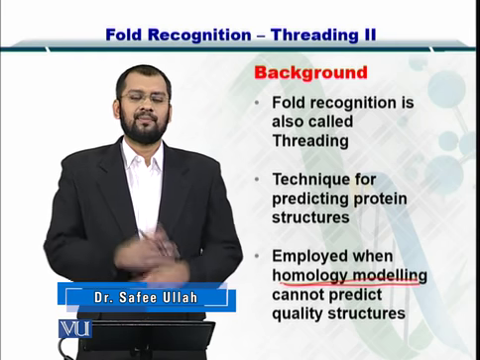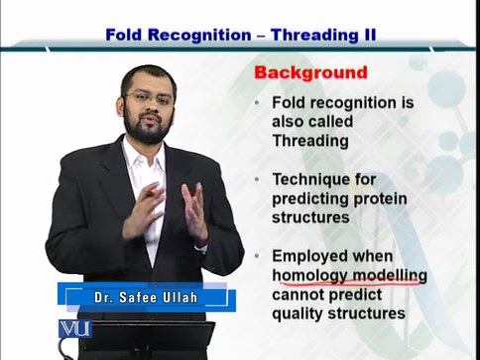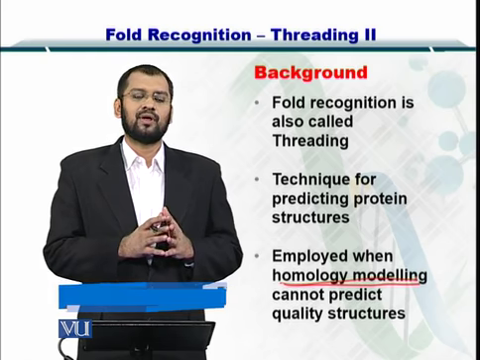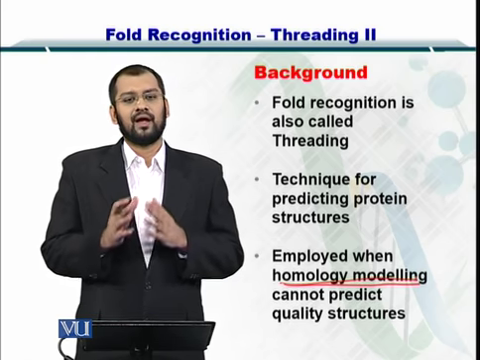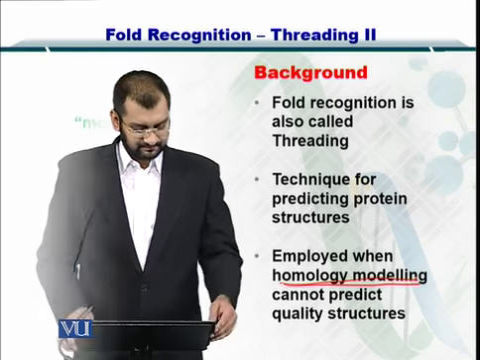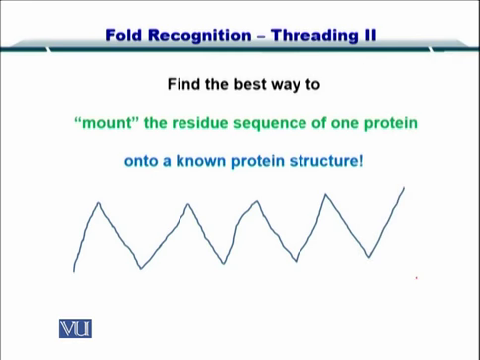In that case, we move towards the twilight zone where we have a low identity and a low alignment. So here let's work on an example to find the best fold for a sequence.